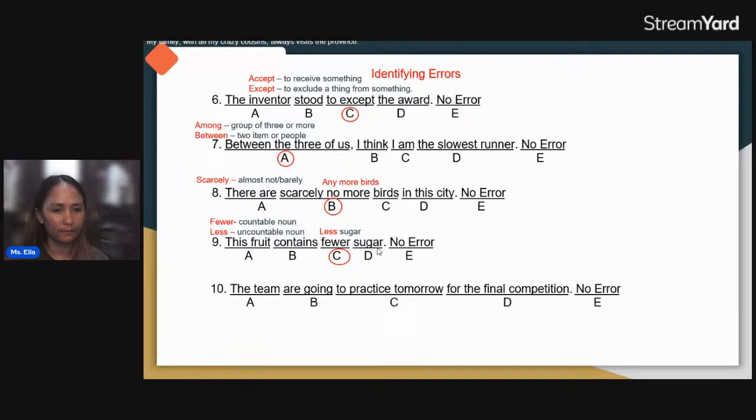Okay, for number 10, it's B. The team is a collective noun, and a collective noun is considered singular, so it must take a singular verb, is going. So the team is going to practice tomorrow for the final competition.